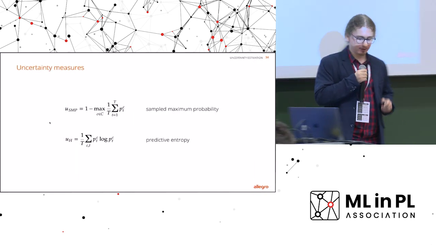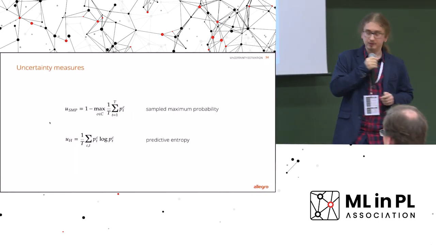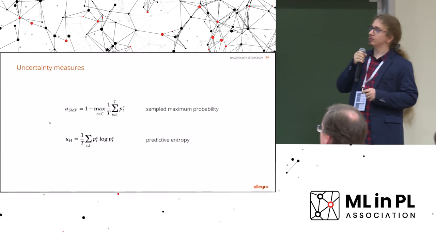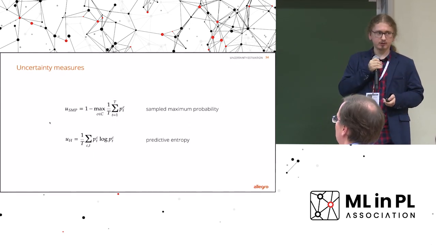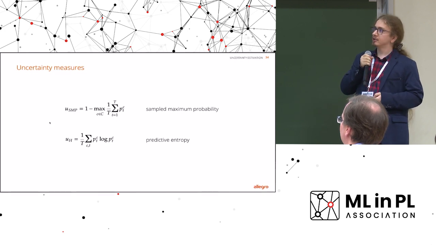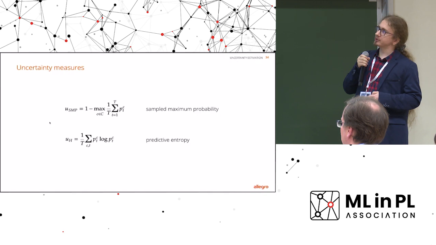First, one more thing about uncertainty measures. We have this predictive distribution that we estimated with variational dropout, and from that we can calculate various uncertainty measures. Two of the most popular ones are the two that you can see here. The first one is sampled maximum probability.